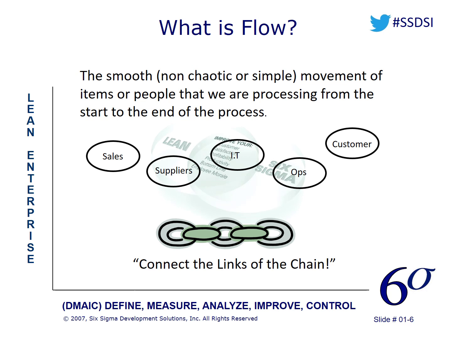Most companies, the links of the chain are broken. What I mean by links of the chain is, I've got 10 links, and they're all different departments that are all involved in creating a product or a service or a transaction. My first department, my first link, is the first step.